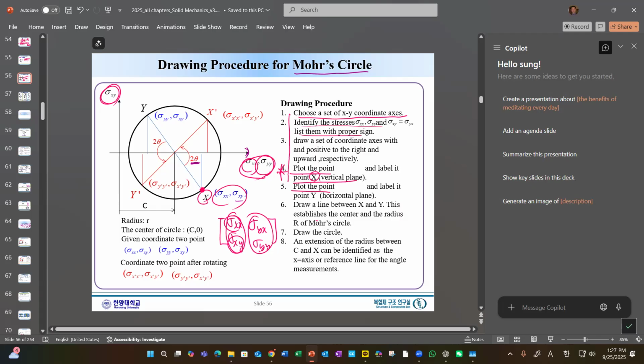And plot the point, labeled Y, and this one now here. So this one will be a YY and XY. We have a point here.